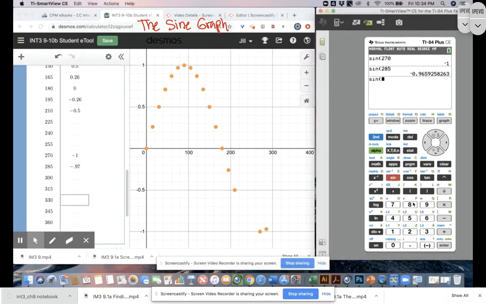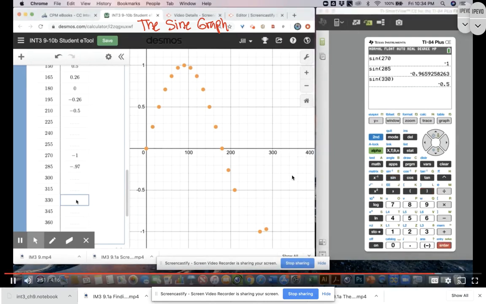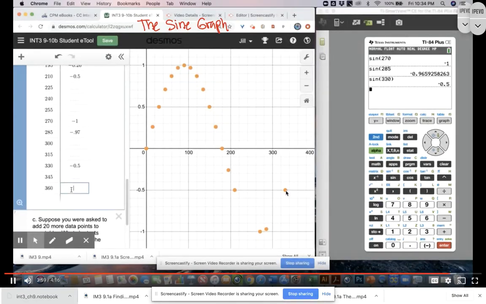And then, yes, this takes a while, but sine of 330, we skipped a little bit and went up, and we got negative 0.5, which is back up here. Type it into your table, plot your point, and lastly, let's just skip all the way to 360, which is one full rotation around the Ferris wheel. Sine of 360 is 0 degrees.